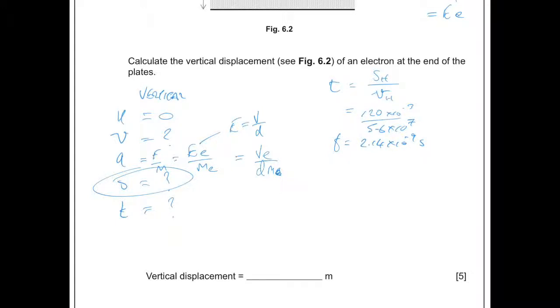So voltage times the electron charge divided by the distance between the plates times the mass of an electron.